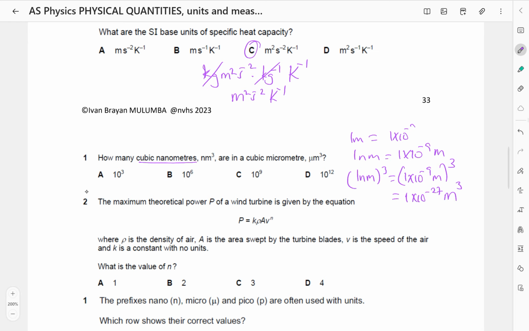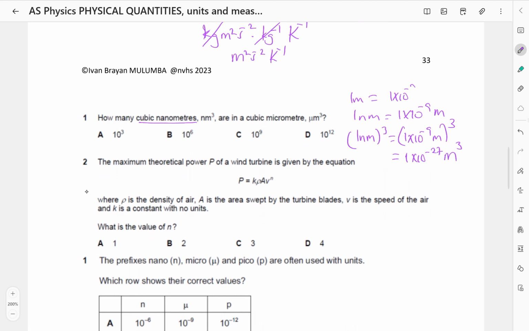Now we bring in micro. 1 micrometer is the same as 1 times 10 power negative 6 meters. Then if it is cubic, the other side is also cubic. So 1 cubic micrometer is going to be equal to 1 times 10 power negative, we multiply 6 by 3, so it becomes negative 18 meters cubed.